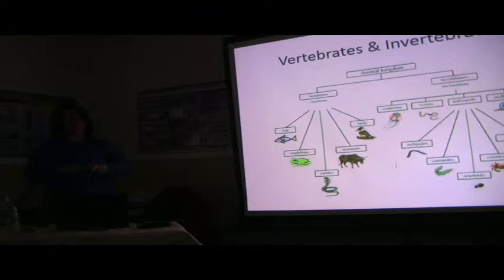Think of an ant's exoskeleton. It's hard outside. Think of a lobster, the exoskeleton is hard to protect and support the body. Invertebrates are over 90% of all animals on Earth.